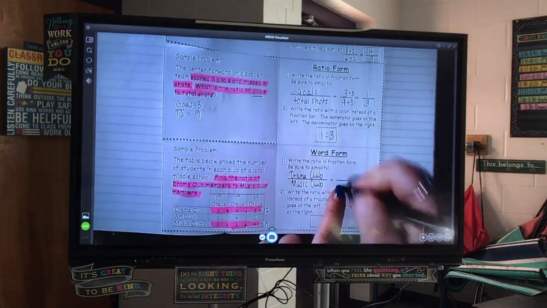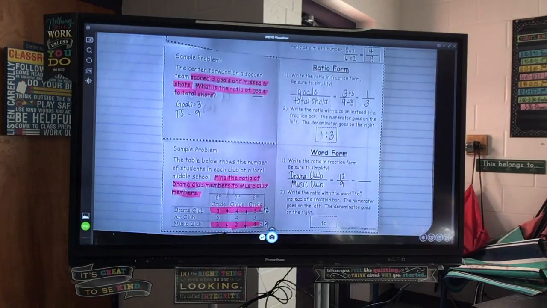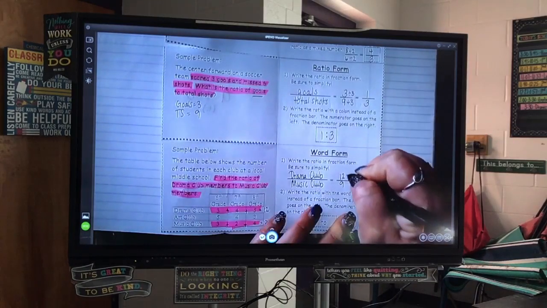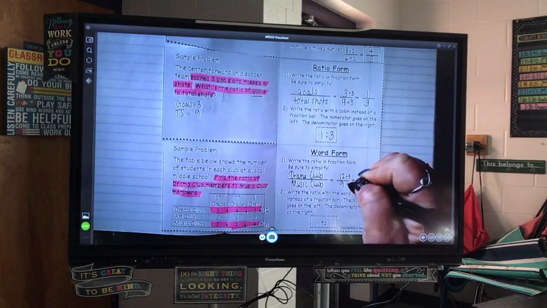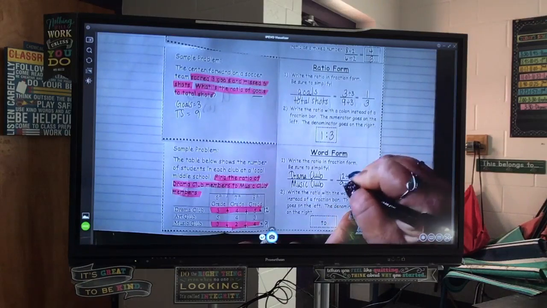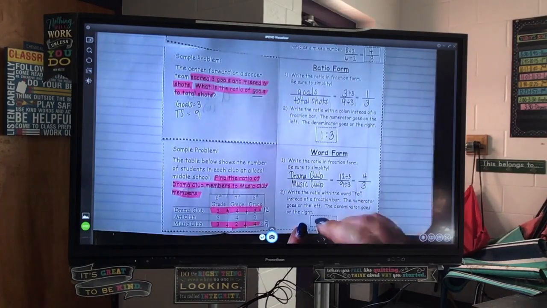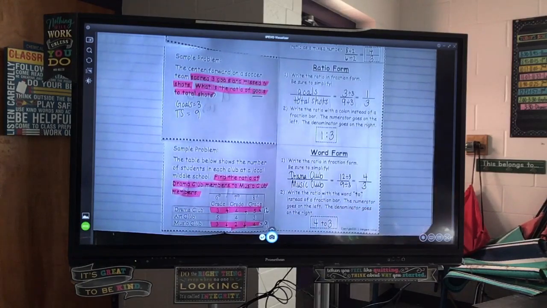Alright, and then our numbers we found were 12 and 9. What can we divide 12 and 9 by? Same number, sorry, I'm going to rephrase that, Troy? 3. Alright, so 12 divided by 3 is 4, 9 divided by 3 is 3. So then, to write it in the final word form, your numerator goes first, your denominator goes second, and it is 4 to 3.